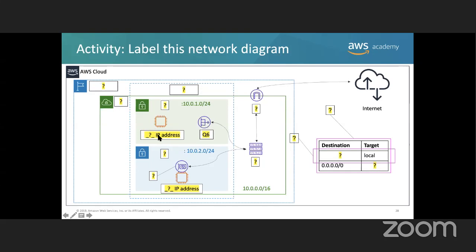How about this one? EC2. IP address, private. Oh, you're right. Elastic IP. Okay. How about this one? Private subnet. How about this one?